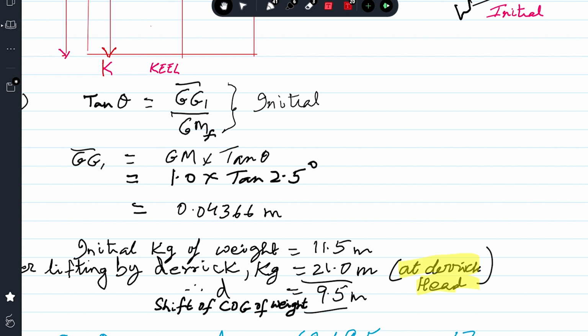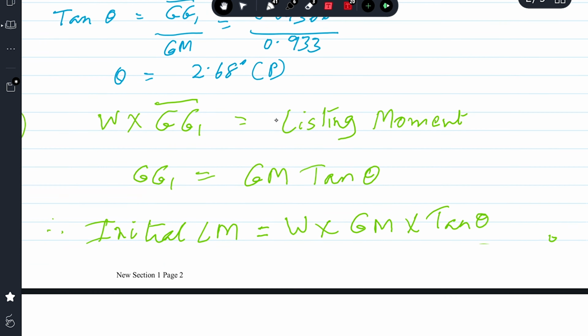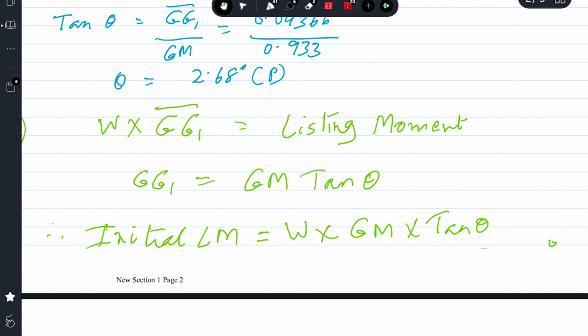So the ship's center of gravity is going to move only if the distance of some weight from the port side or starboard side of the center line is changed. So in the initial condition, the GG1 did not change. But when the cargo was swung to the starboard side, yes, then the ship's center of gravity shifted to the starboard side.